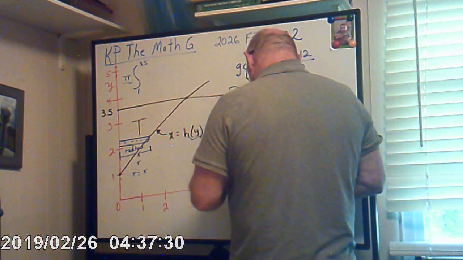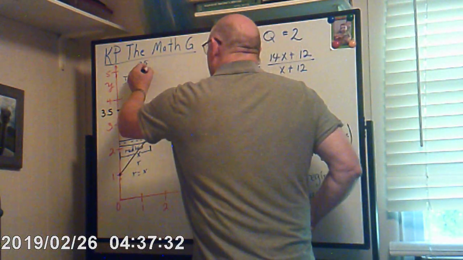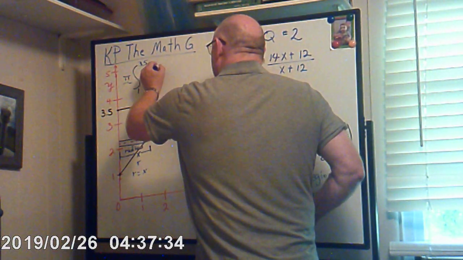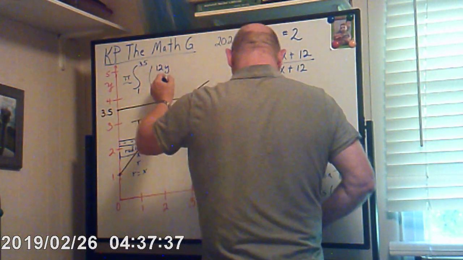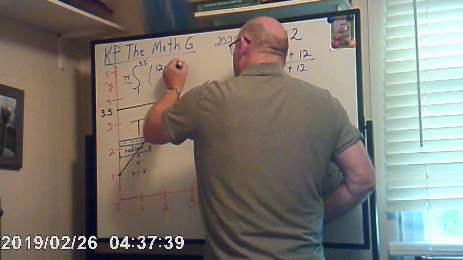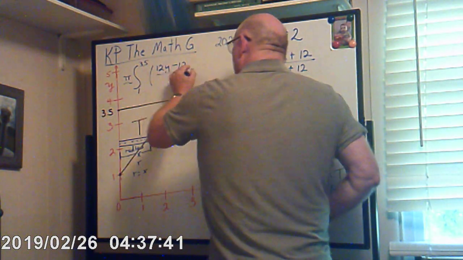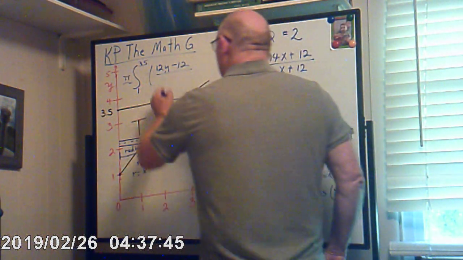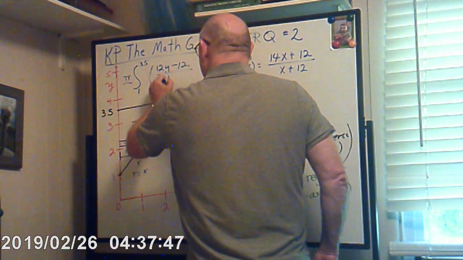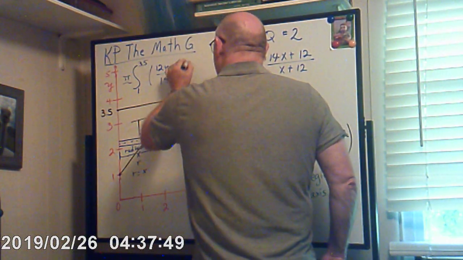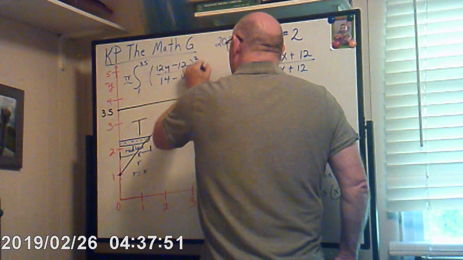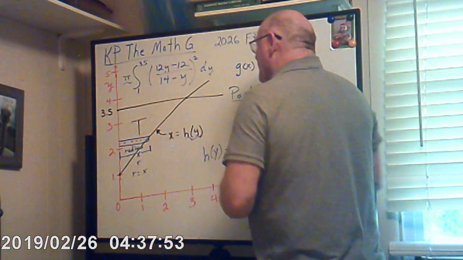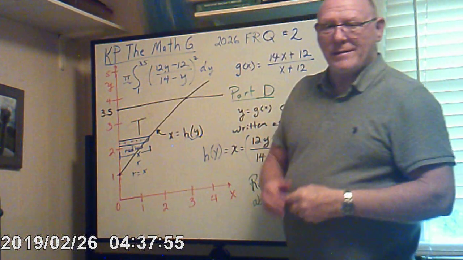We could have just written what x is. We could say 12y minus 12. You don't have to factor out the 12. Just let it go. 14 minus y. And then you could do that square and put dy right there. There it is. You got it.